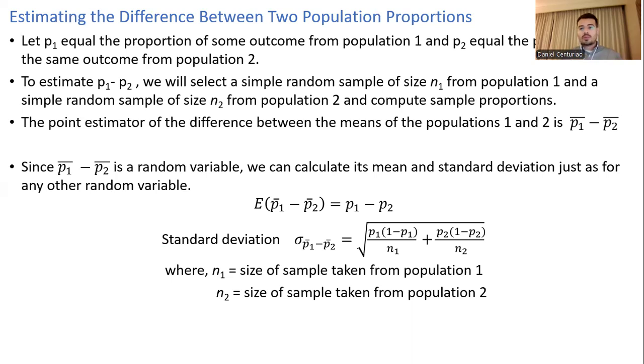Remember, the proportion is given by a categorical variable that defines a group inside of the sample. That could be gender, or, in our case study, defective orders.